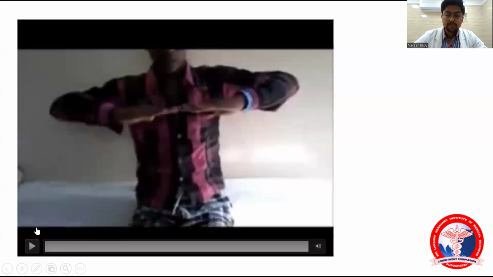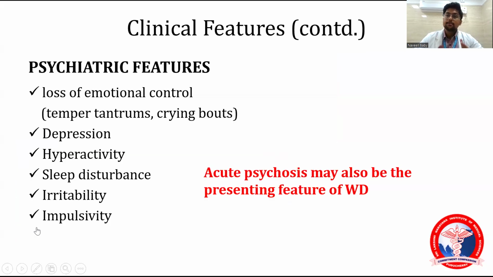Next, some psychiatric features. Another important thing to remember is psychiatric symptoms. Any patient in the young age group around 20 to 30 years of age, male or female, presenting with neuropsychiatric symptoms, before diagnosing it to be a functional cause, always rule out neuro lupus and Wilson's disease.